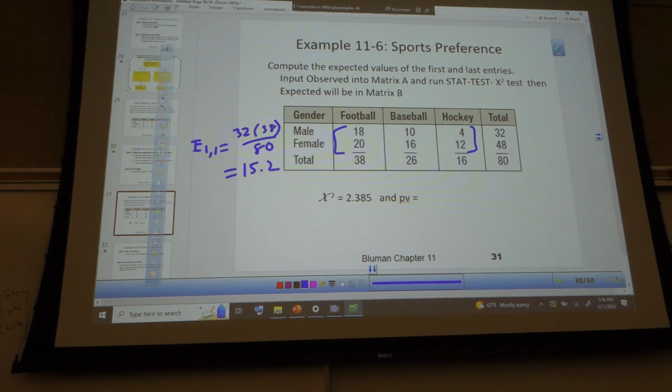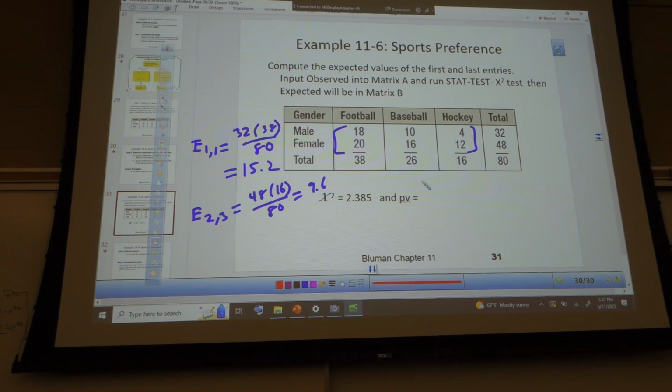And then the last one is this 12. What row is it in? The second row. What column is it in? The third. So it's going to be E of 2, comma 3. That's its row total 48 times its column total 16 over 80, and y'all got 9.6 for that.